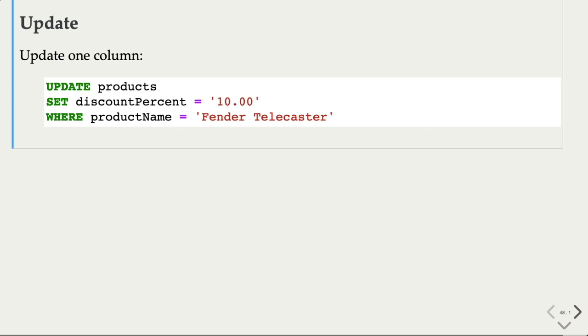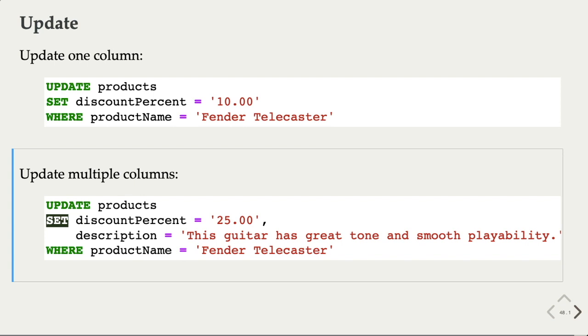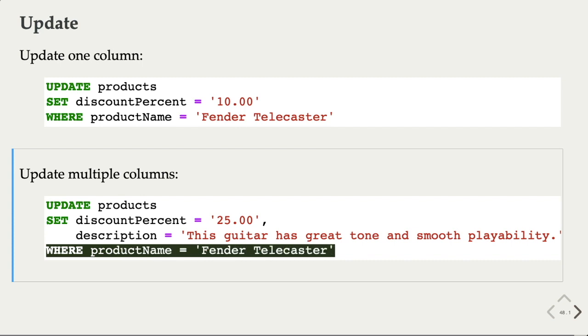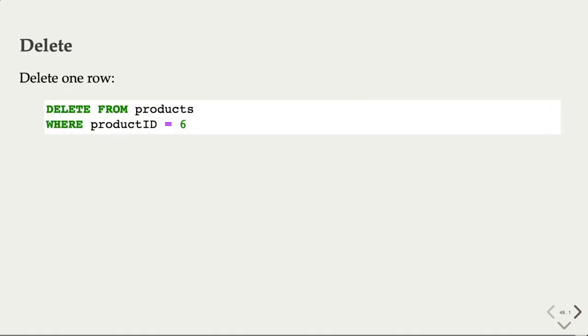You can certainly update multiple columns in one statement. You continue to use this update statement, and then you set discount percent to 25, comma, description to a different description for this particular product name, with the where condition here. So this updates multiple columns.